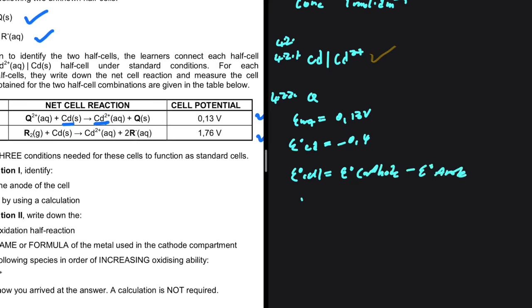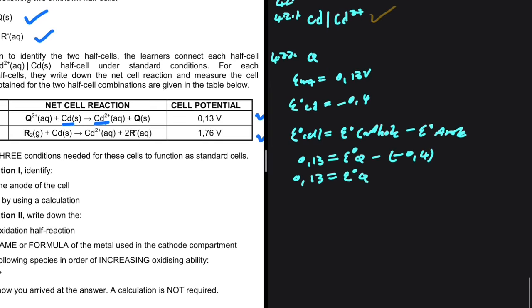So we're going to have 0.13 equals the reduction potential at the cathode. At the cathode is where we have Q, as we have already deduced that the anode is cadmium. And the reduction potential of cadmium is minus 0.4. So we have 0.13 equals the reduction potential of Q plus 0.4.